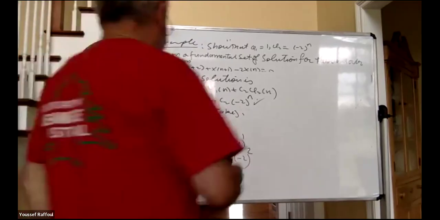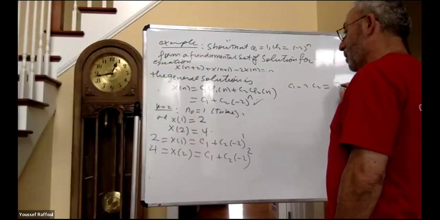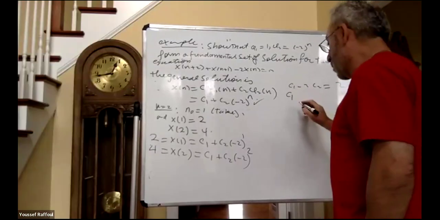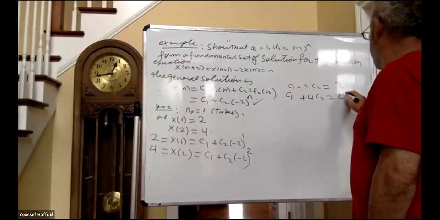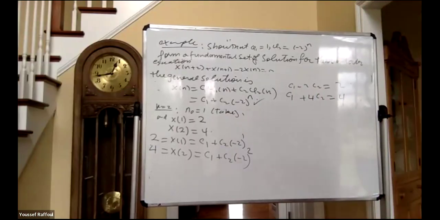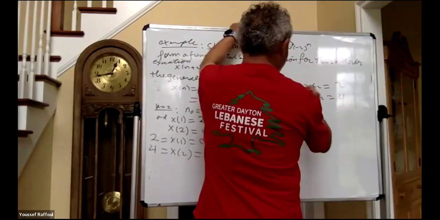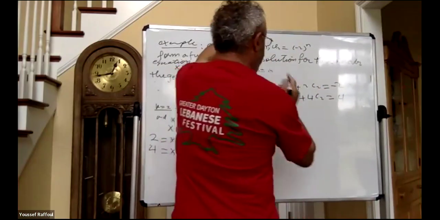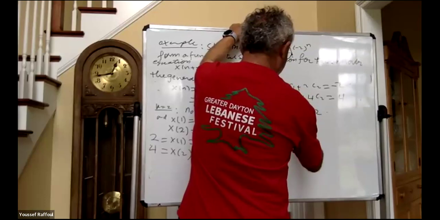And so we have C1 minus 2C2 equal 2, and C1 plus 4C2 equal 4. Let's go minus plus minus, then I'll have 6C2 equal 2.